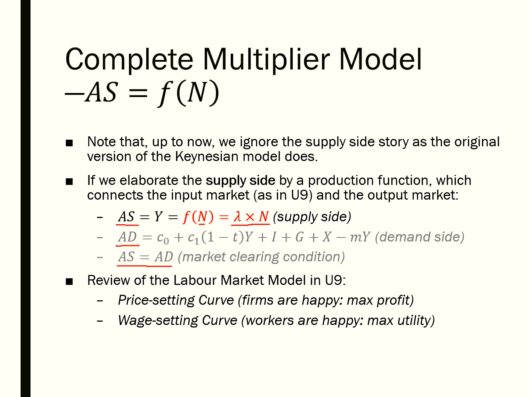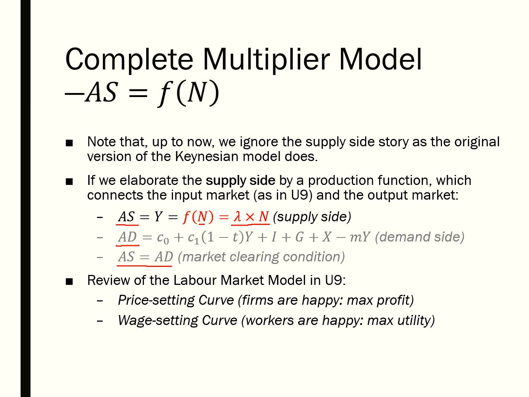So these three equations are a model of the output market. Now we need to discuss the input market a little bit to explain how N is determined. Because in this output model, we can explain Y, but we can't explain N. We use N to explain Y. To explain N, you need to know the labor market or input market model.